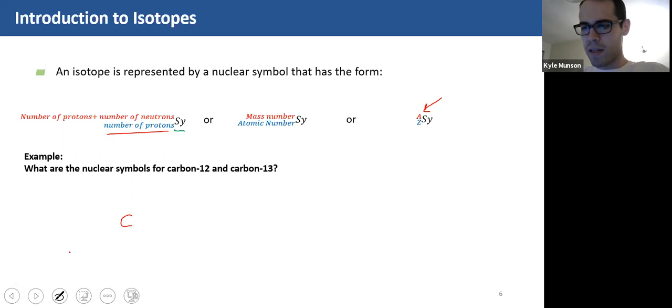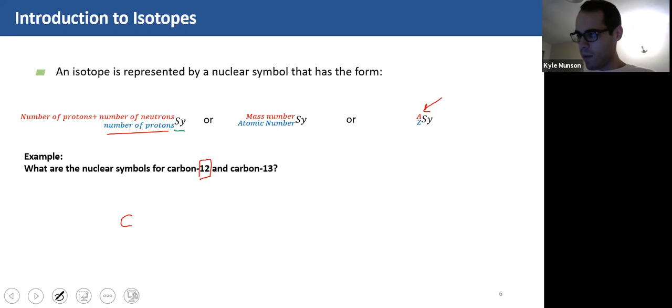On the bottom is its number of protons, and on the top is the number of protons plus neutrons. Recall that the number after the isotope name is the number of protons plus the number of neutrons. And remember, if you go to a periodic table, and this is how you'll do these examples in the homework, you'll see that carbon has 6 protons.